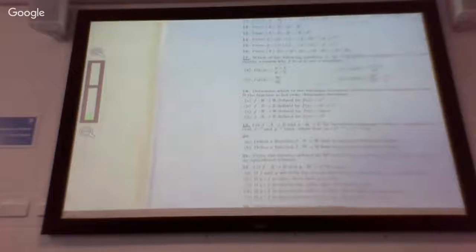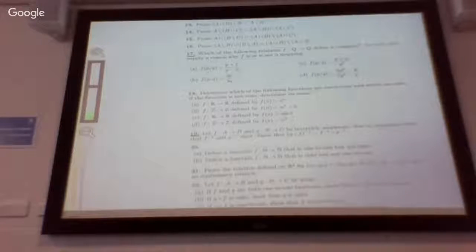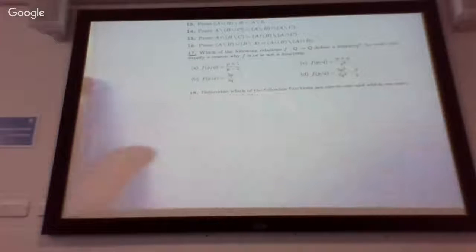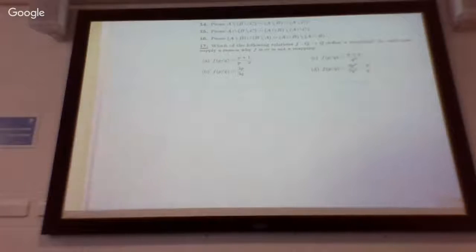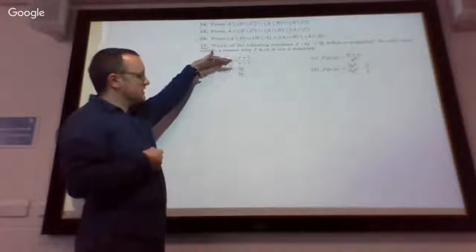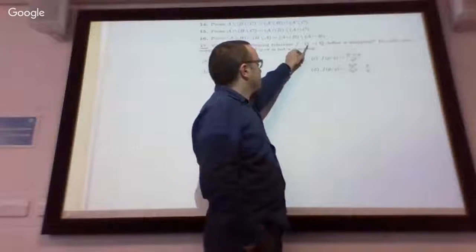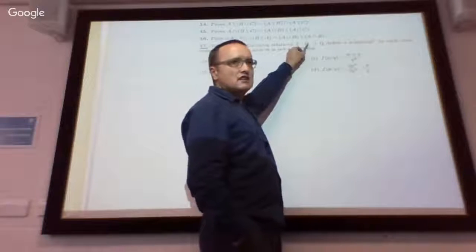Okay, so 17. So 17 are candidates for functions from the rational numbers to the rational numbers. The rational numbers, by definition, are the set of all fractions of integers. However, and this is an idea, the reason this exercise is here is not so much for the importance of the thing itself, but this theme where you've got a set, but really there's an important equivalence relation on the elements of the sets.